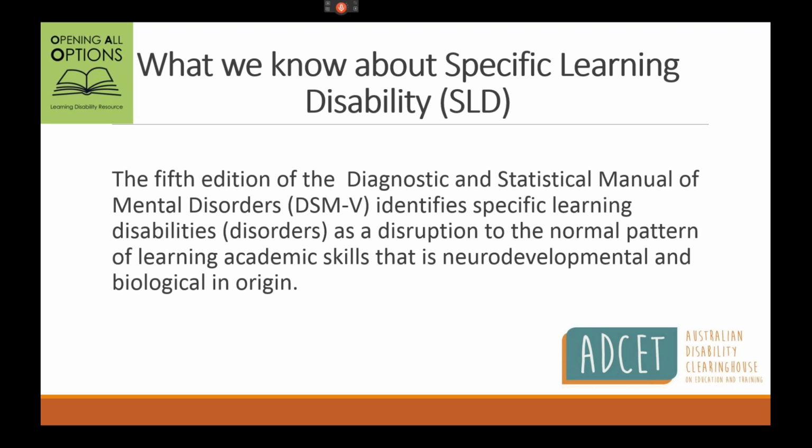And dyslexia is the most common of all specific learning disabilities, impacting 80 to 85% of people with an SLD. And SLDs are in fact one of the most common, if not the most common, disability that we would encounter in society across any culture or any language.